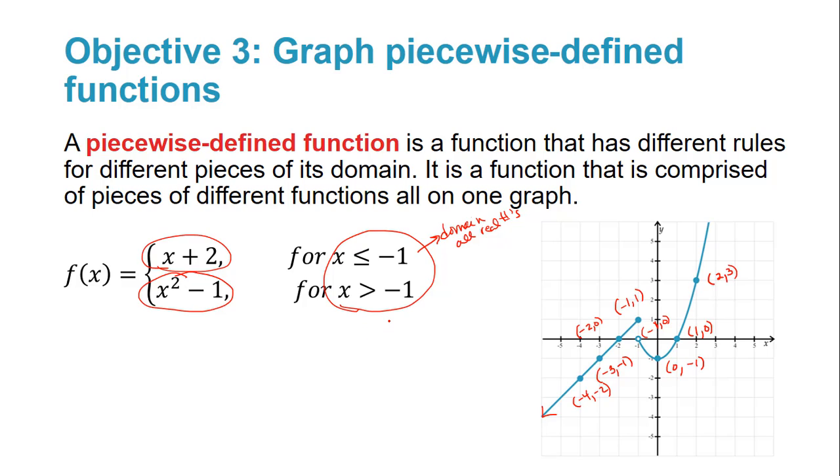I can get so close to -1, I'm basically touching it, but I have to use the open circle to show that it's not truly defined at -1, but everything up to -1. So every number between 0 and -1 is using the second rule, which is why I need to have the graph between those values. So don't just think integer values when you're graphing these. We have to think about decimal values and all those numbers in between.